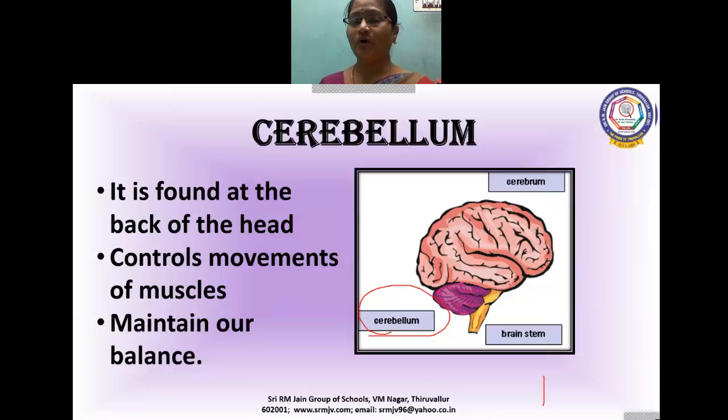Do you know where it is located? Below the cerebrum is the cerebellum. It coordinates the actions of the muscles and makes them work together. It helps us keep an upright posture. So your cerebellum works when you run, sit or move.